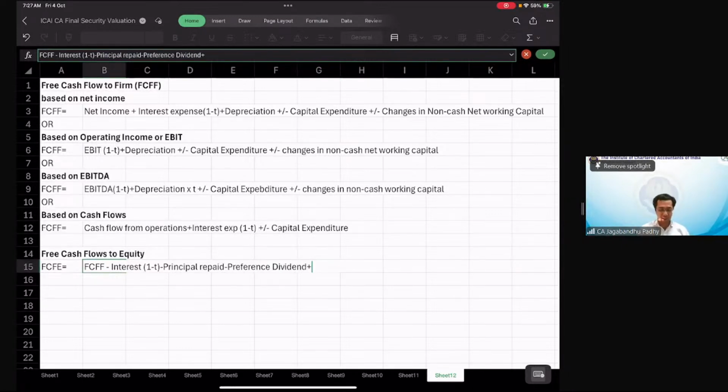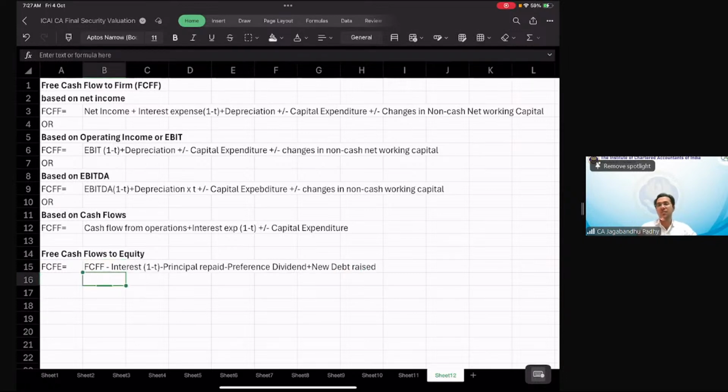We need to add back new debt raised. If any new loan or new funds have been raised, then those funds also come to the business, and equity shareholders have access to them, because they can utilize that fund for the furtherance of the business, right?